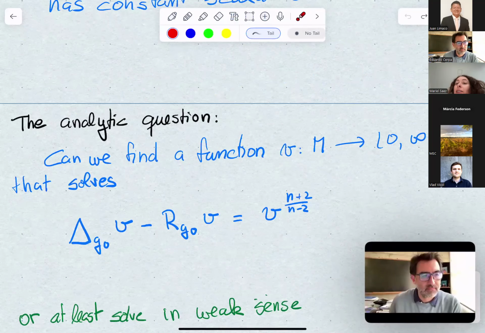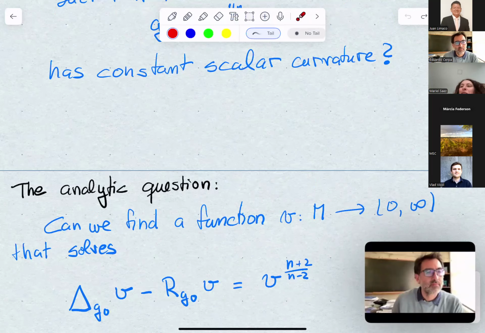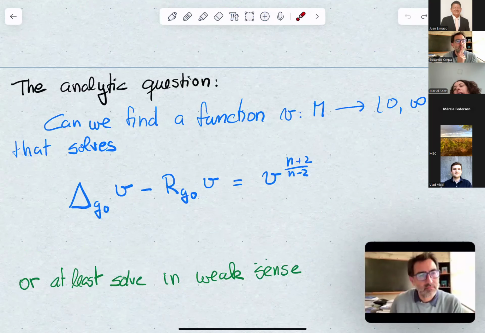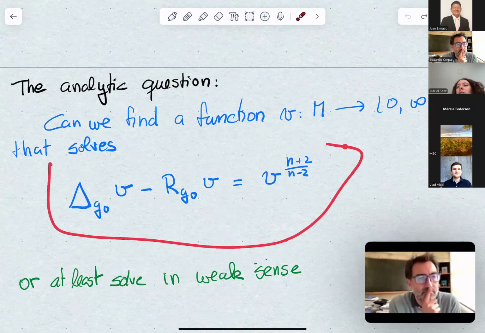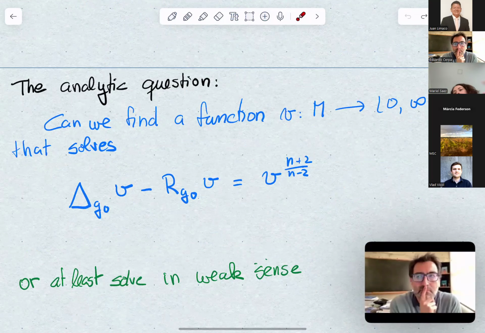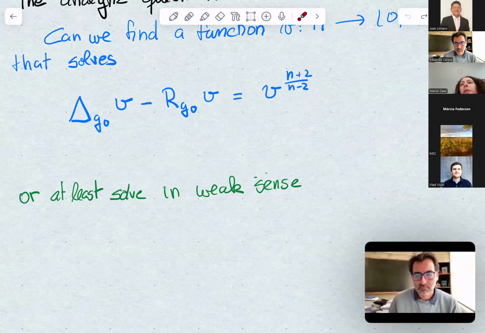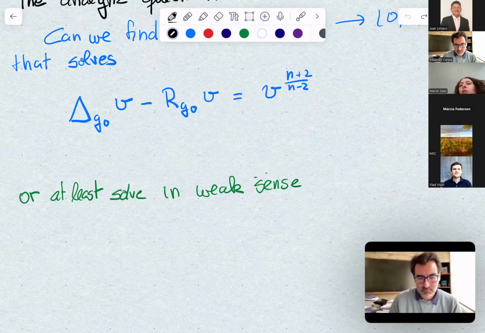So, let me go again. We were trying to find metrics with constant scalar curvature that has this shape, and that's equivalent to solving a PDE, an elliptic PDE, the one here. The question basically is, can we find a solution to that PDE? That PDE doesn't look too bad, it's elliptic, and actually has a variational structure, so it looks like something that we should be able to solve.